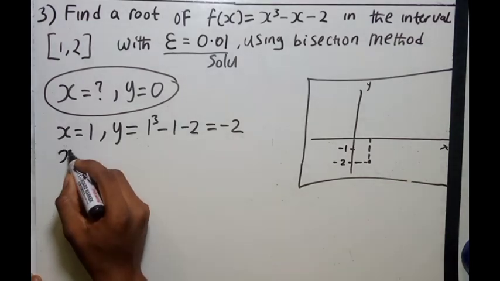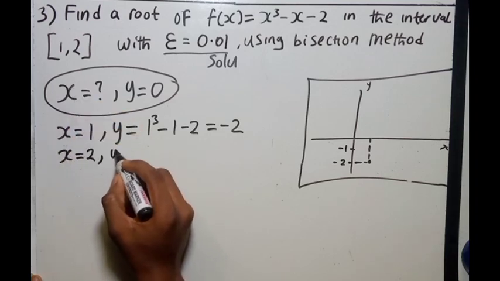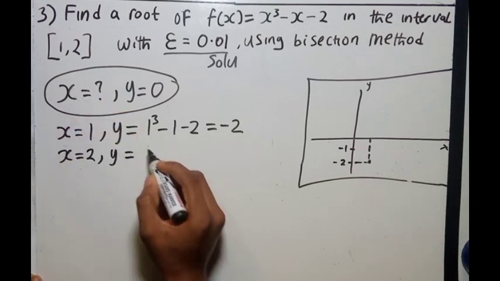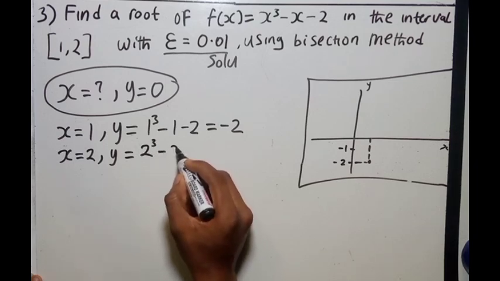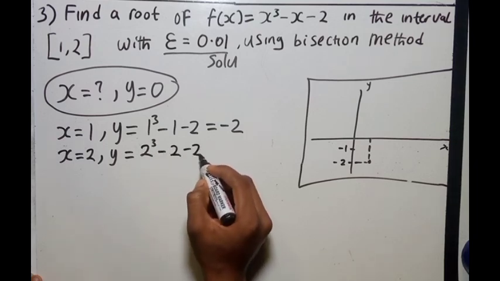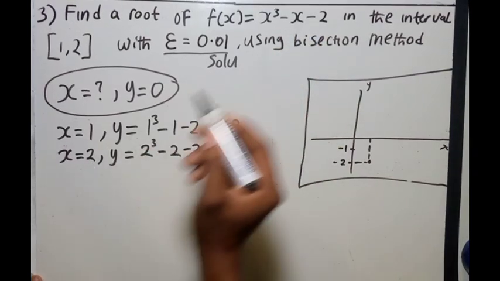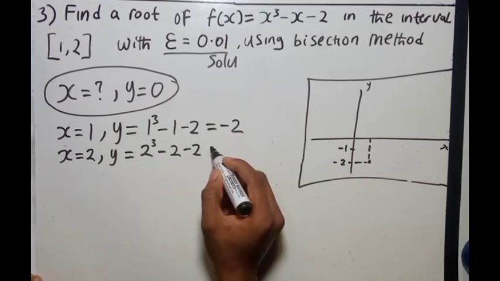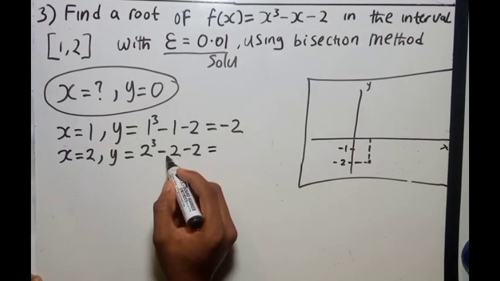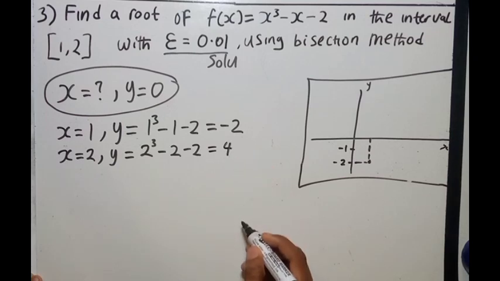Now when x is 2, what will y be? We have 2 cube minus 2 minus 2. Remember, any place you see x, you input 2 to get your y value. Now doing that here, 8 minus 4 will be giving us 4.